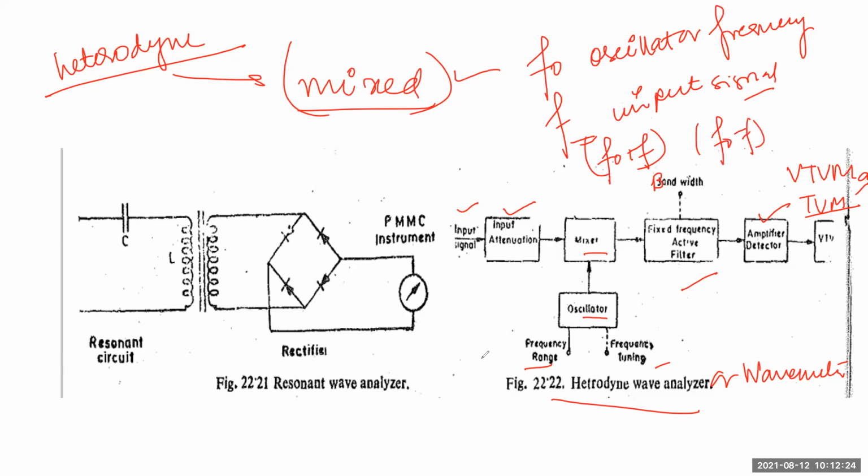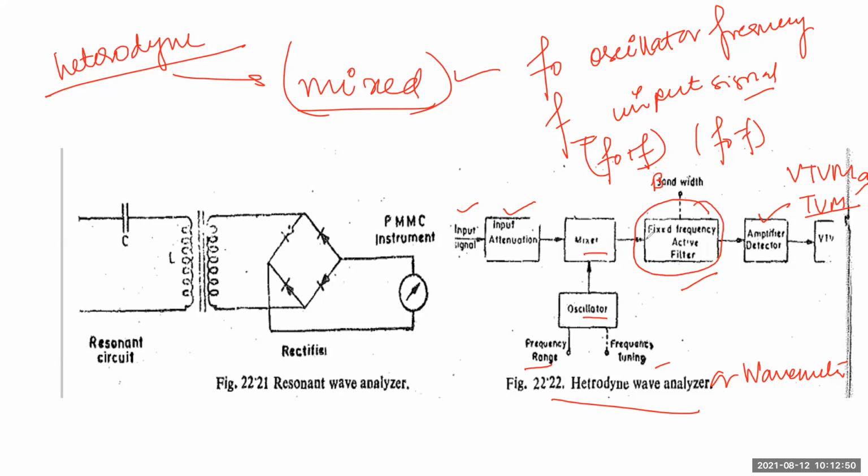Thus a continuous coverage over a wide range of frequencies is obtained, instead of discrete steps as in the case of the resonant frequency oscillator. Since each harmonic frequency is converted into a constant frequency, it is possible to use highly selective filters, which are fixed frequency.